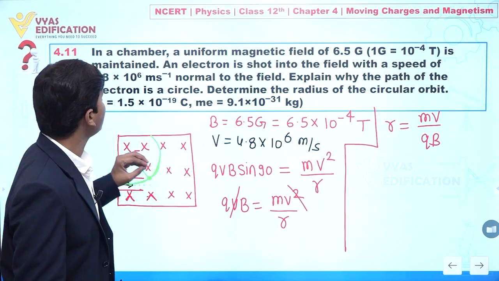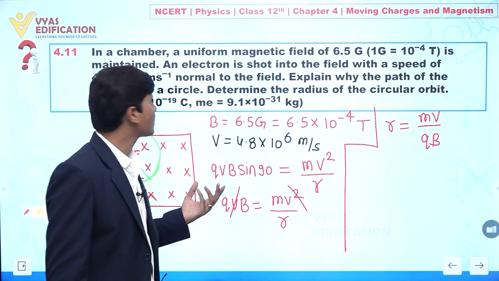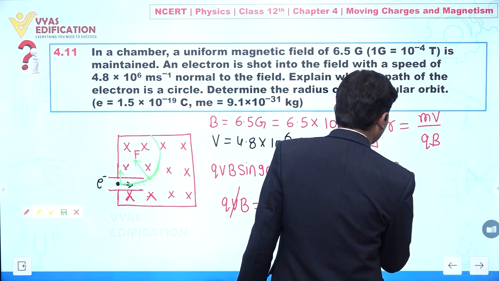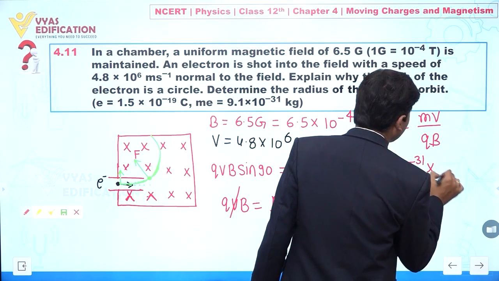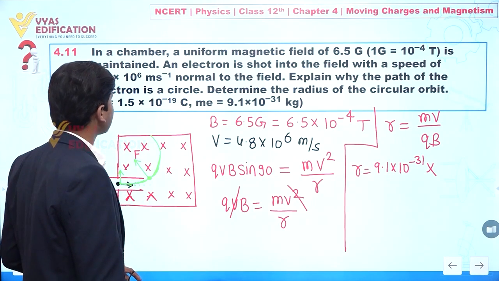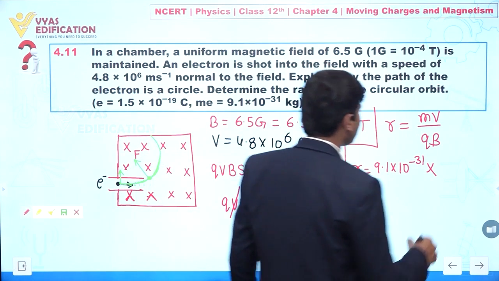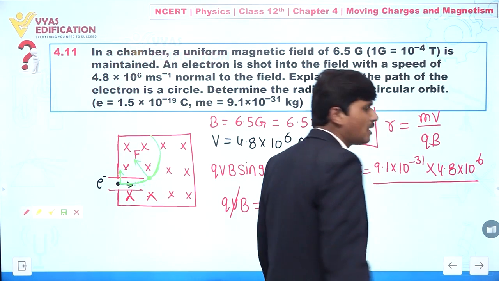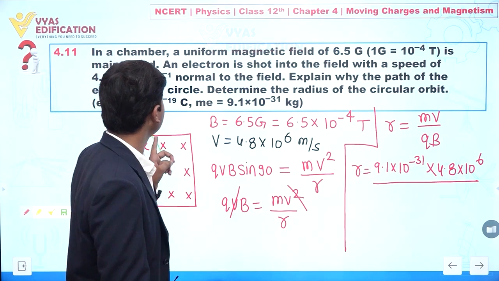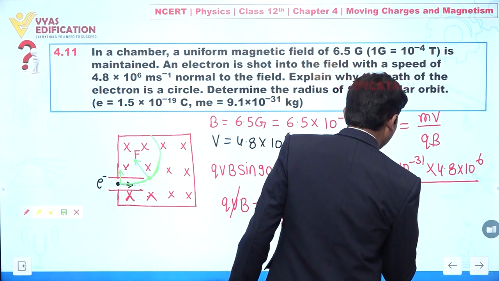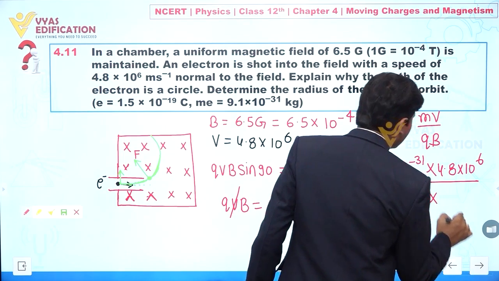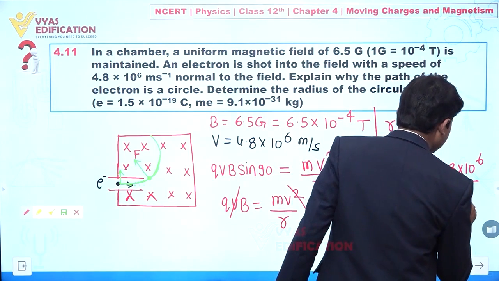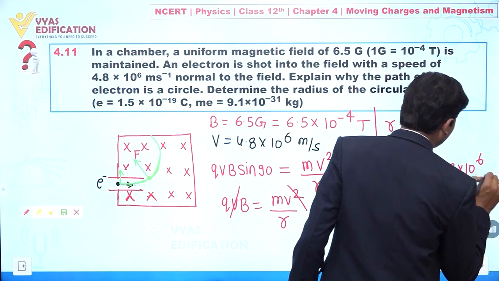Now the mass of an electron is 9.1 × 10^-31 kg. Multiplied with the velocity, which is given as 4.8 × 10^6, divided by the charge of an electron, 1.6 × 10^-19, and the magnetic field, which is given as 6.5 Gauss, that is 6.5 × 10^-4.